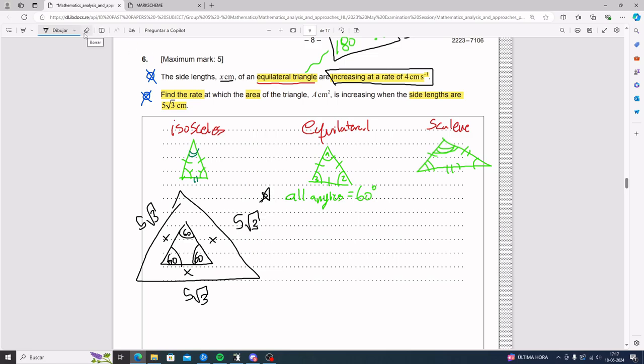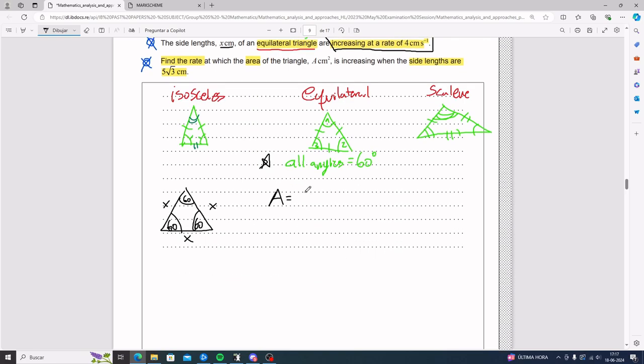Let's go ahead and try to make an area formula. If you try to make an area formula with the OG one, well, there are 2 different area formulas that we can use. You can use the classic, which is base times height divided by 2, and being an equilateral triangle, you can probably figure that out in terms of x.